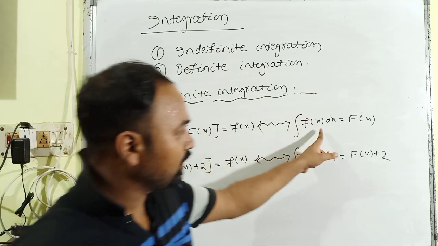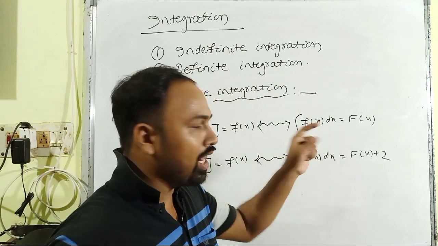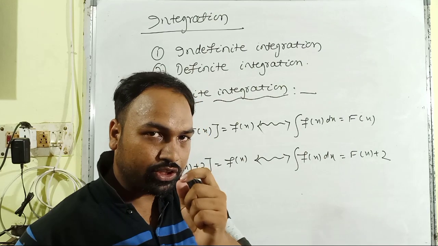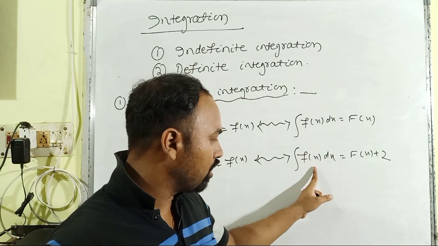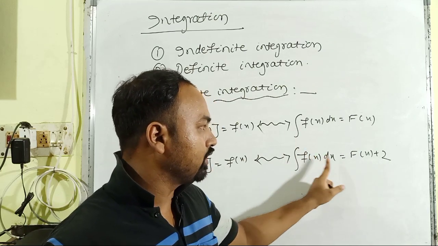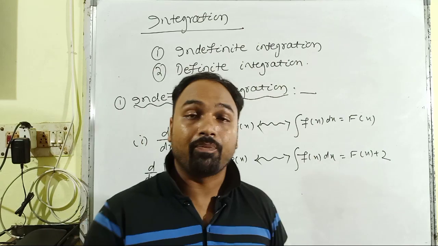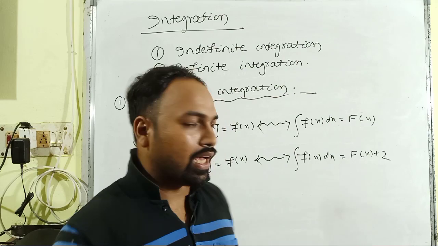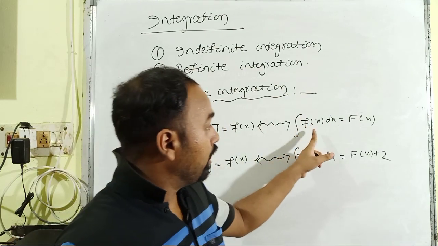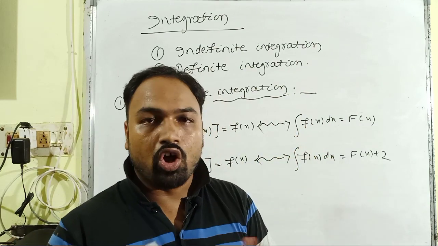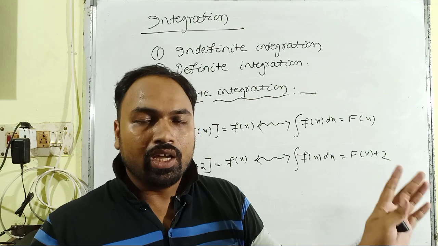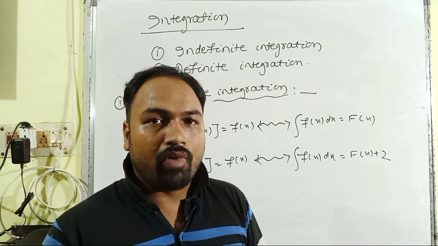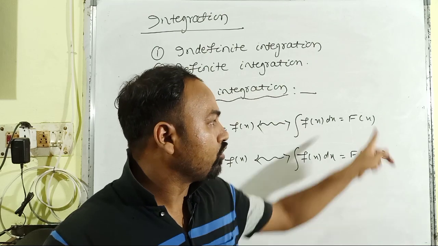In the first case the integral gives us capital F of x, but in the second case the same expression, the integral of small f of x dx, gives us capital F of x plus 2. That means we are now clear that the integral of a function is not unique. It may be different, or you can say that it has infinite number of solutions.